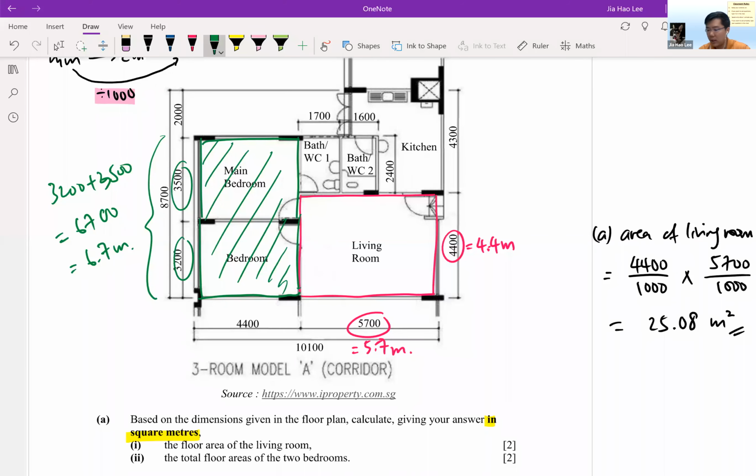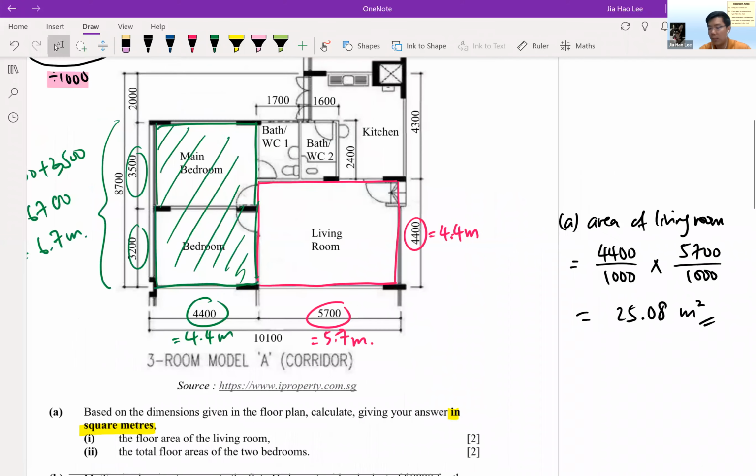And then I want to find the width, and the width is 4400, which I know to be 4.4 meters. Now, of course, for my working when I write down my proper presentation, I want to show all this conversion as well. So for part 2, I'll write down the area of the bedrooms to be equal to, so let's combine all our working.